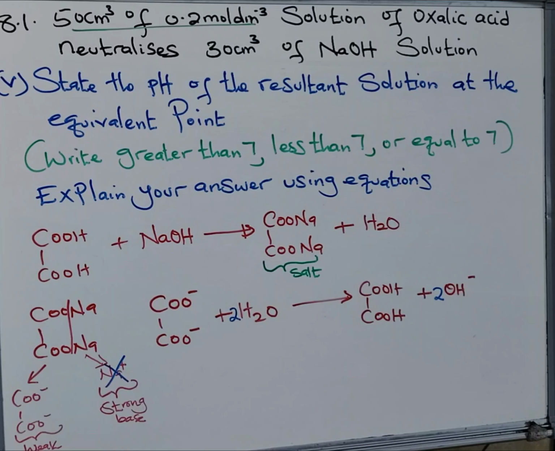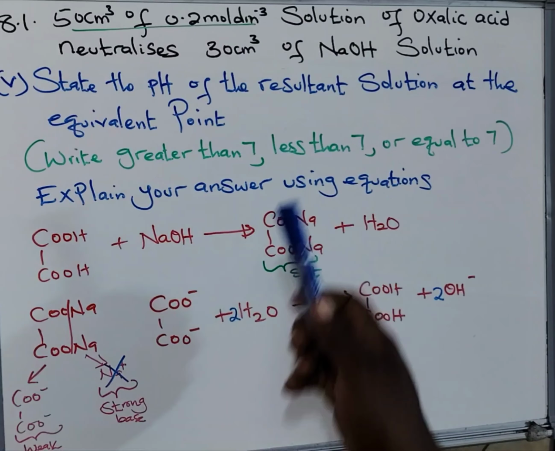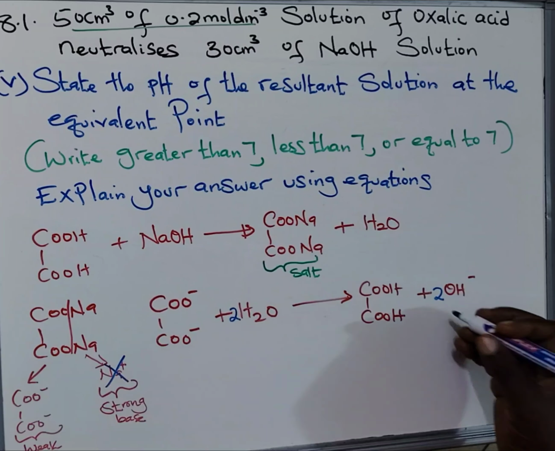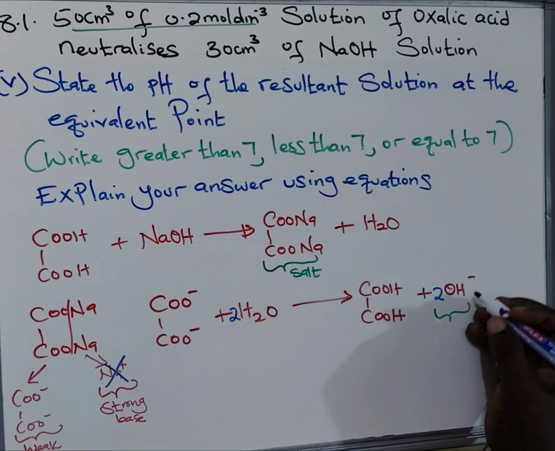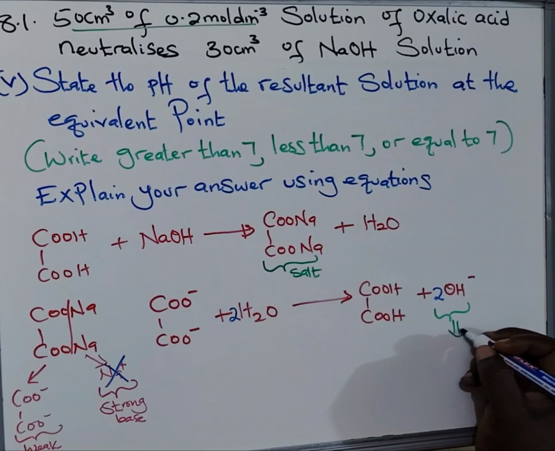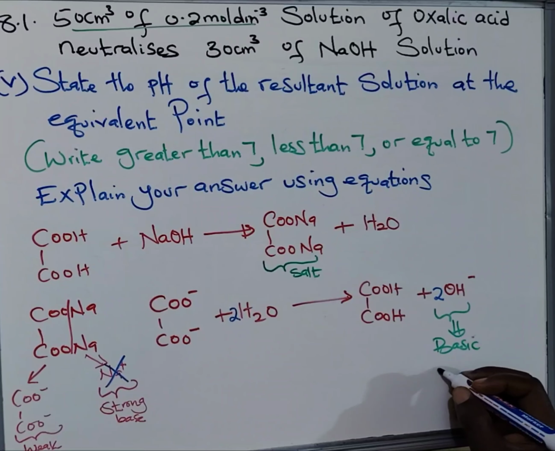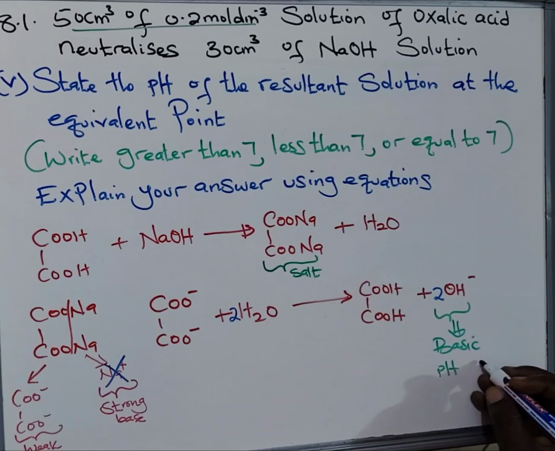But the issue is about pH. How do you assess pH after hydrolysis? You look at the product. Once you have OH as part of the product, what does that mean? Medium is basic. So pH is what? Is greater than 7.